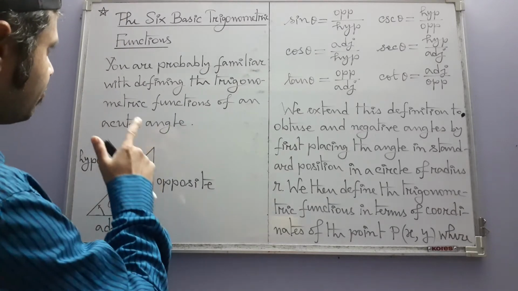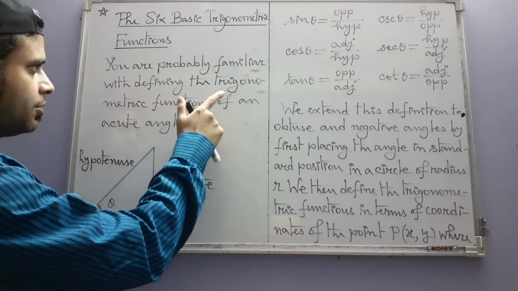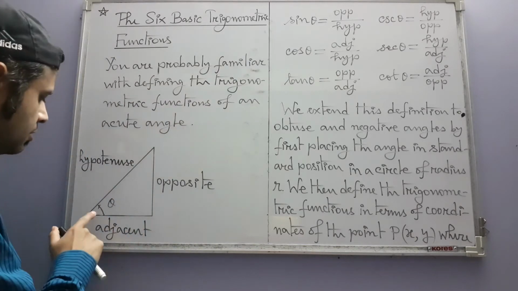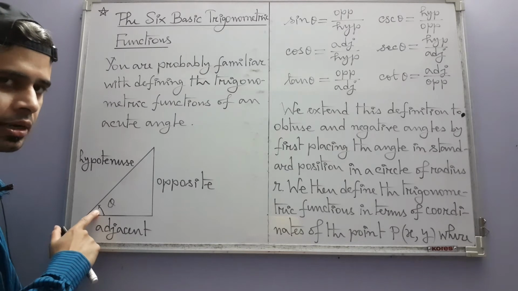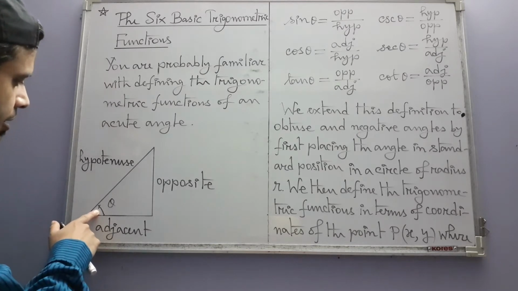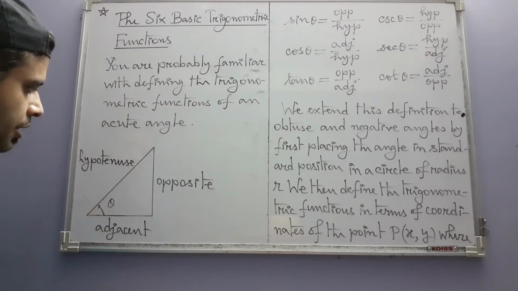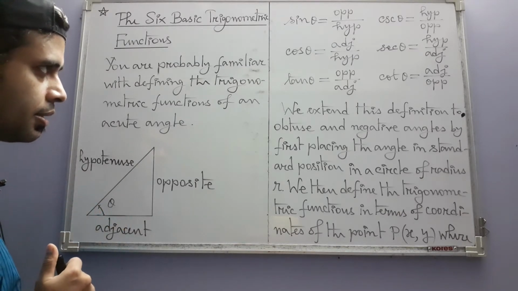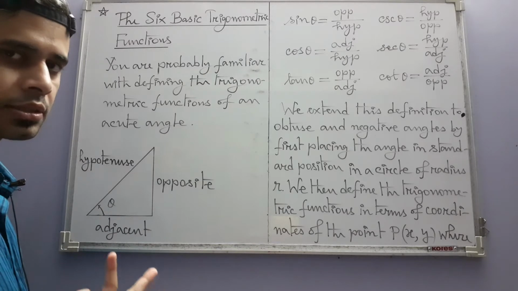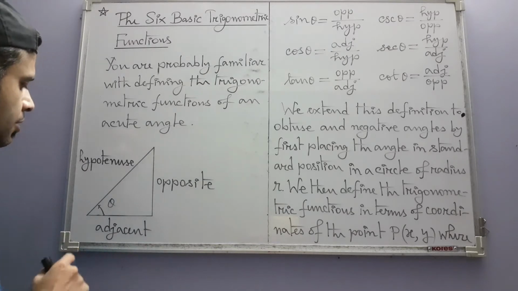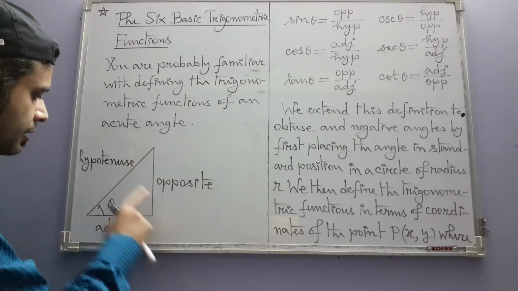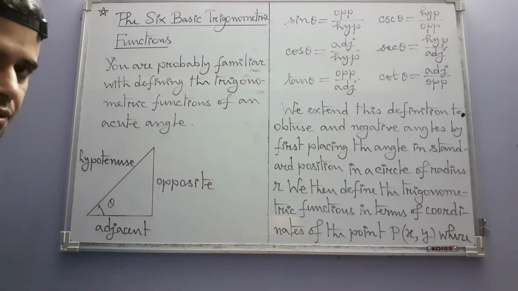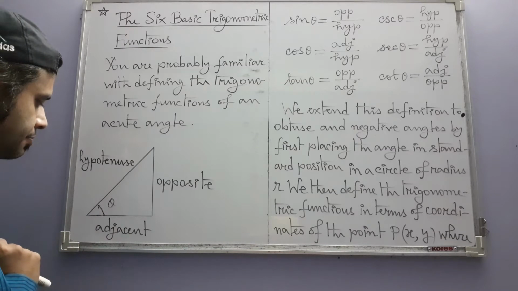You are probably familiar with the definition of trigonometric functions of an acute angle. For example, this angle is an acute angle, it is less than 90 degrees. This is the right angled triangle definition that almost all of us are familiar with. We draw a right angled triangle, one of whose angles is that acute angle, say theta.